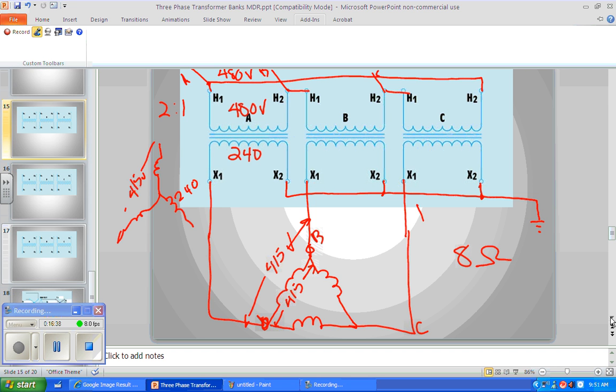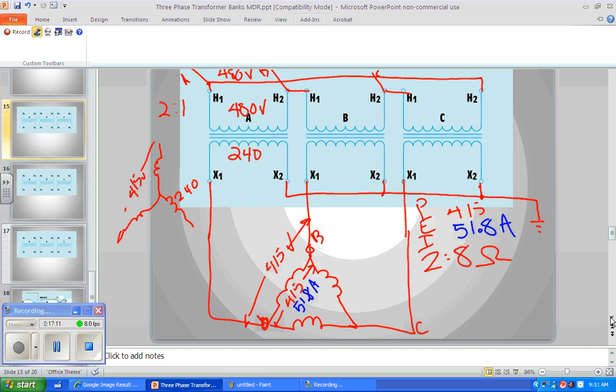If that's true, if my voltage is 415 volts and I divide that by 8, what do I find? Say again? Okay, now that is what? 51.8 amps is a phase current.